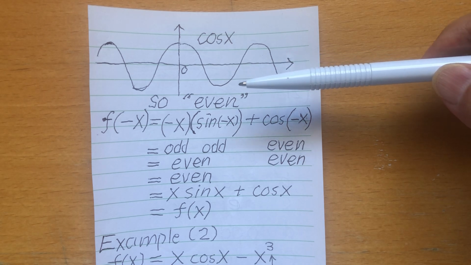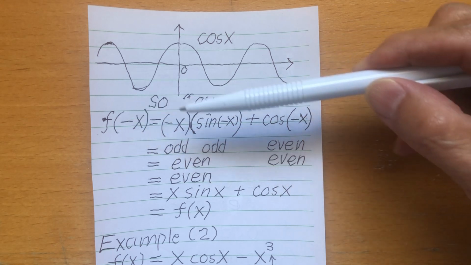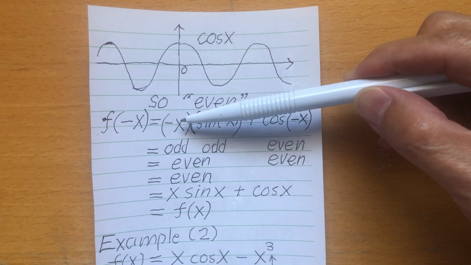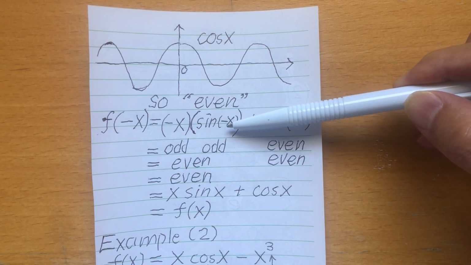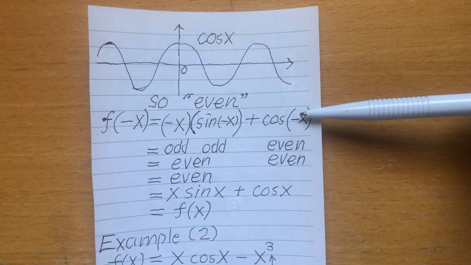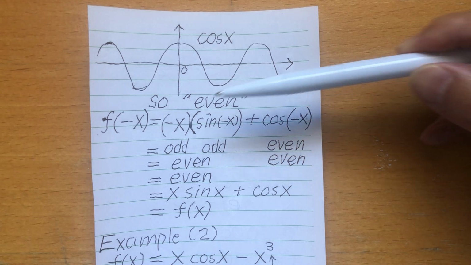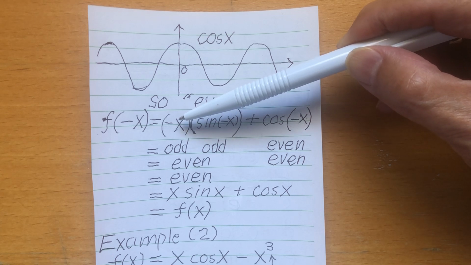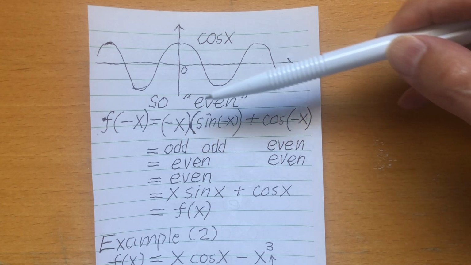So we replace x by negative x here, here, and here. What I mean is x is an odd function.